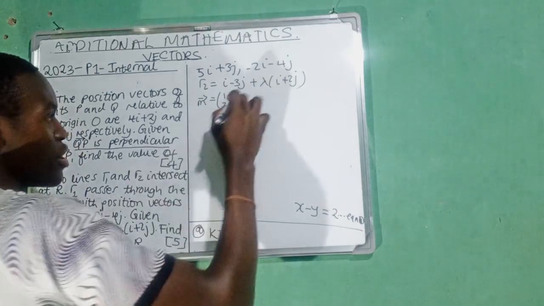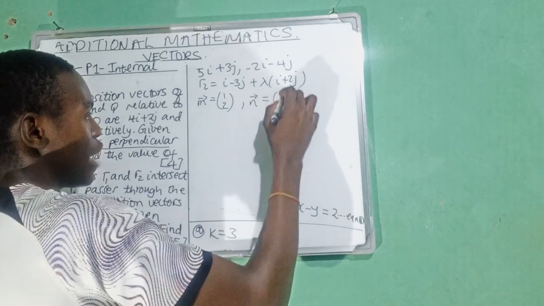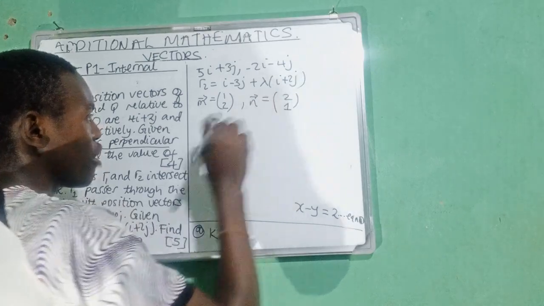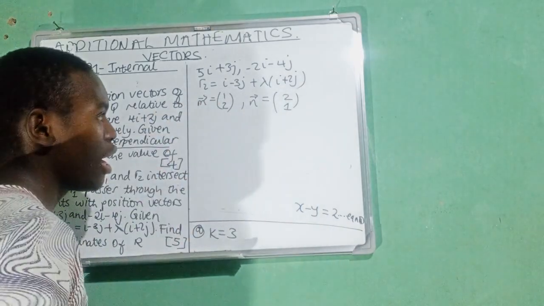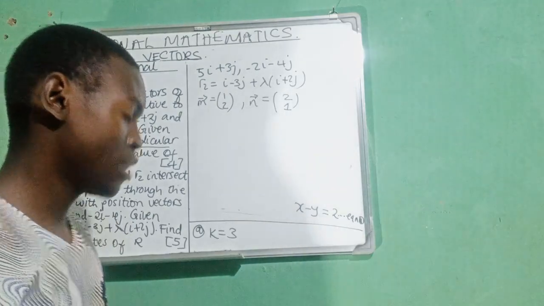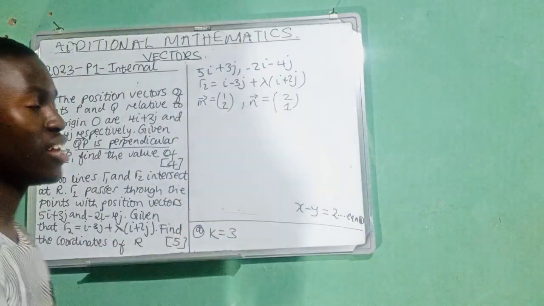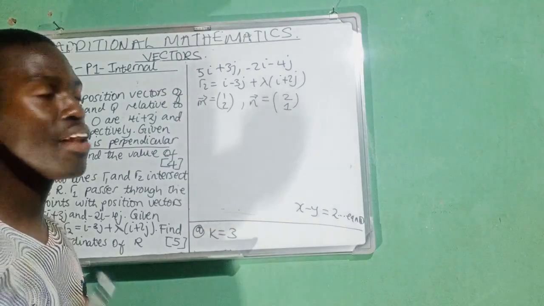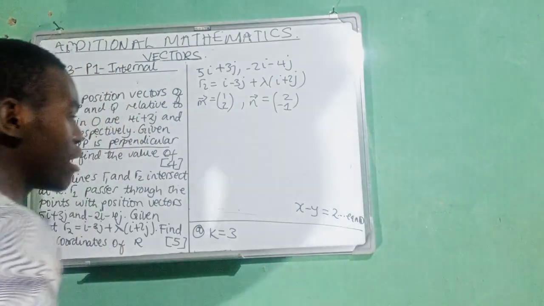Our normal vector n, I flip it: I've interchanged them, the 2 has gone up, the 1 has come down. Then I make one of the numbers negative. Usually I like to make the top number negative when both are positive, so let me make the one negative. We'll still get the same answer.